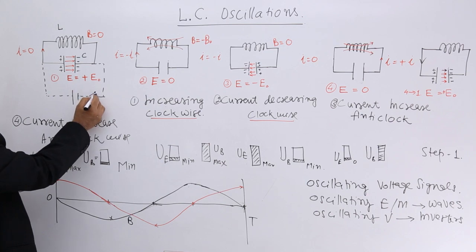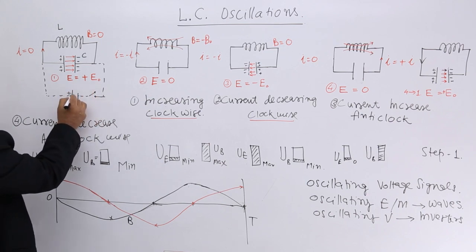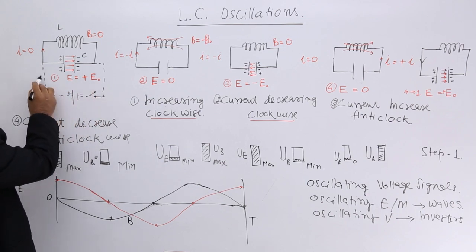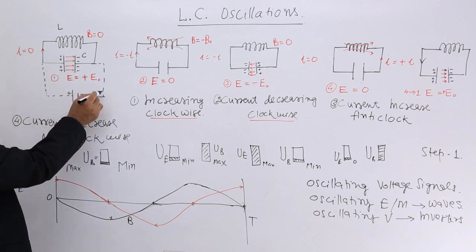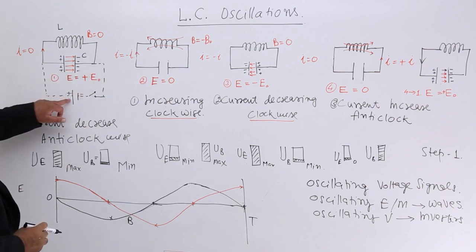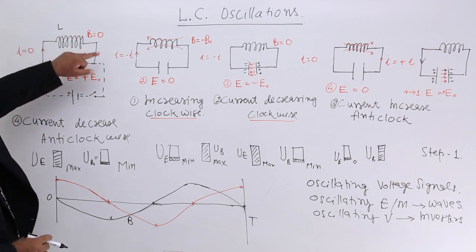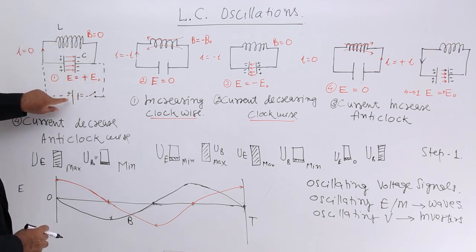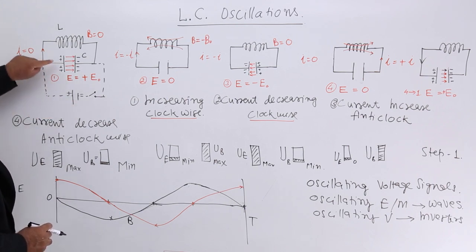When we switch it on, the positive charges enter here, negative charges here. When these positive charges want to go to the negative charges through this, because it is a DC, they are blocked here.